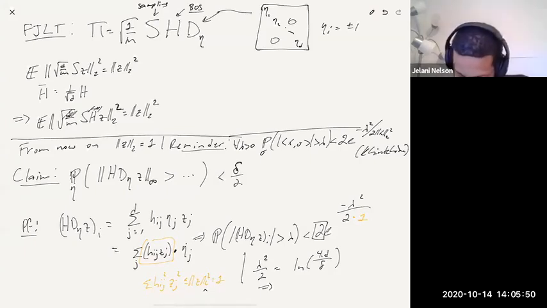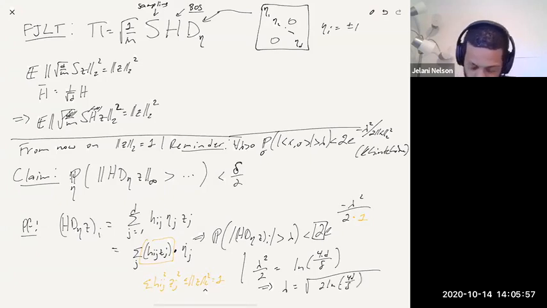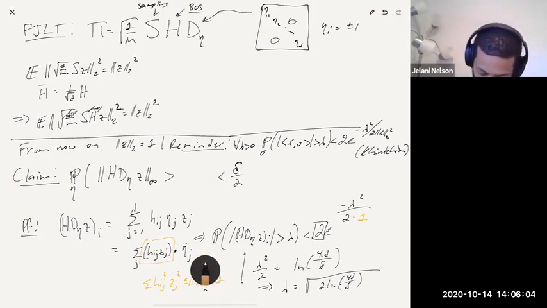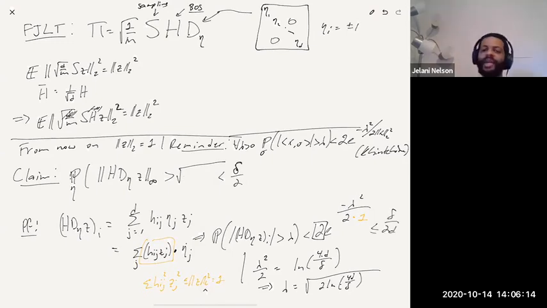So anyway, set lambda to be the square root of 2 ln 4d over delta. Then this becomes less than or equal to delta over 2d by that choice of lambda. So by union bound over all i, it's at most delta over 2.